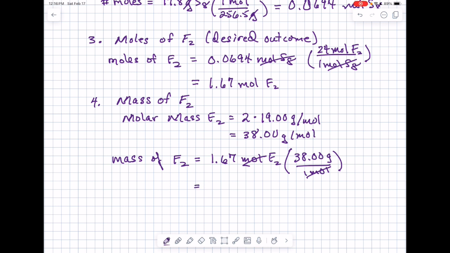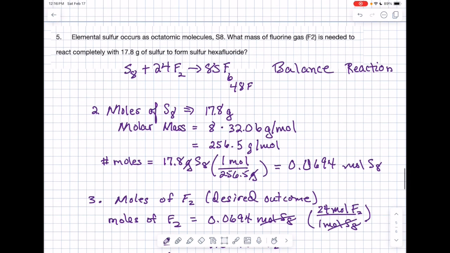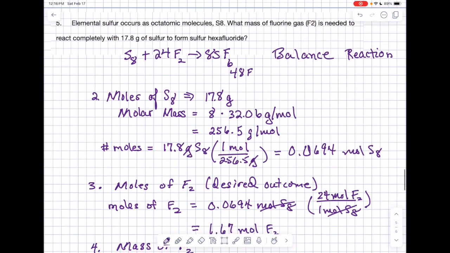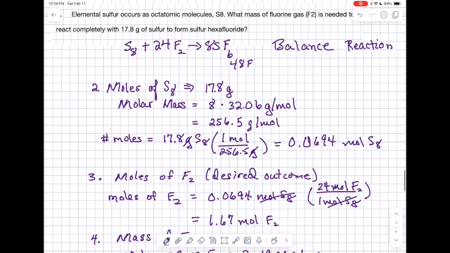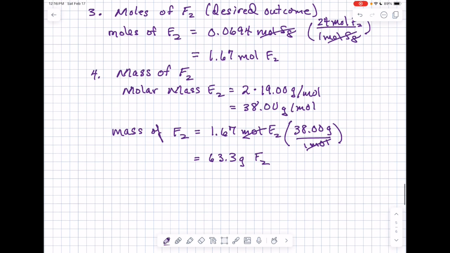So when we do that, our answer is 63.3 grams of F2. So that's how much fluorine we would need to react with 17.8 grams of S8 to completely react with that.